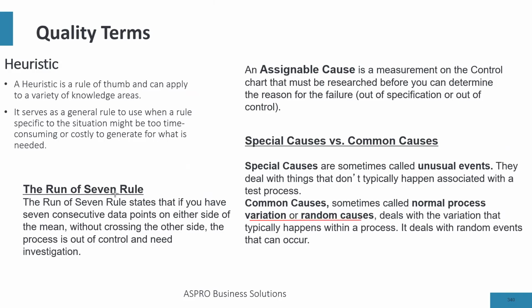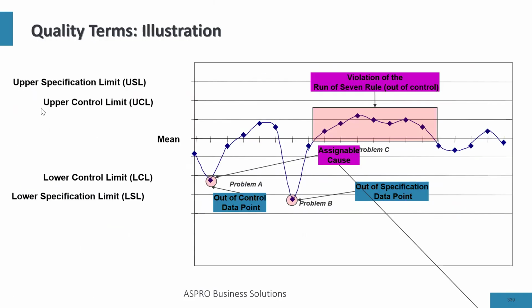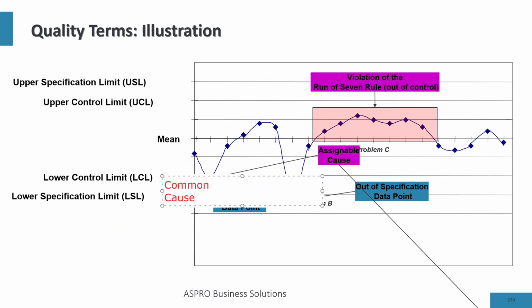Now, going back to the chart, this is how we interpret it. For products that go out of control, we call them common causes. Why? Because from time to time, process variation can make the product go out of control.